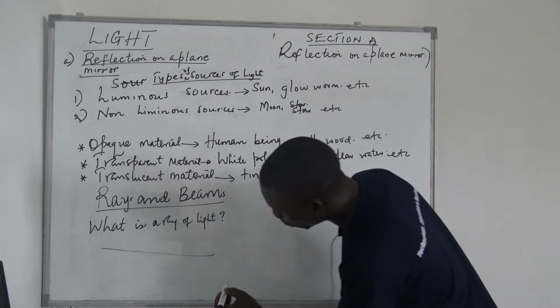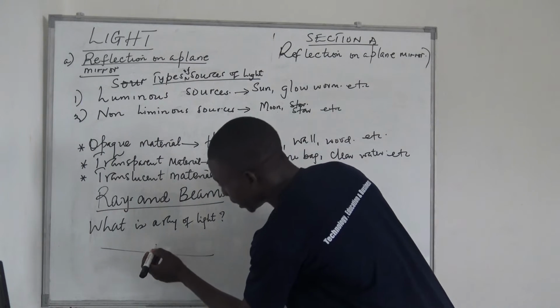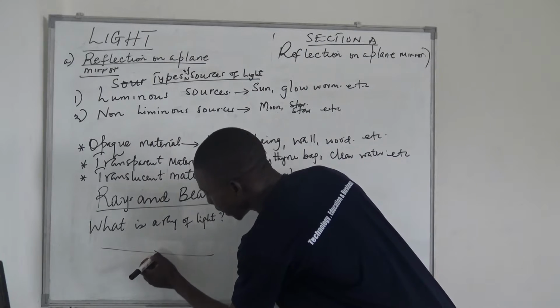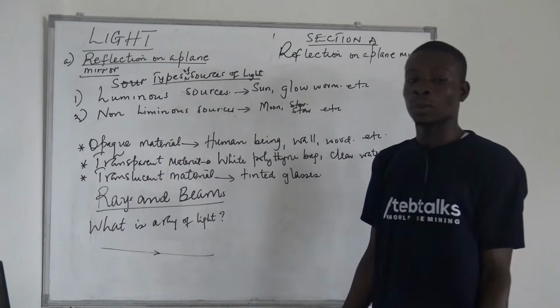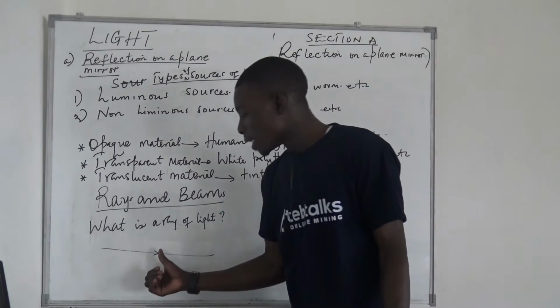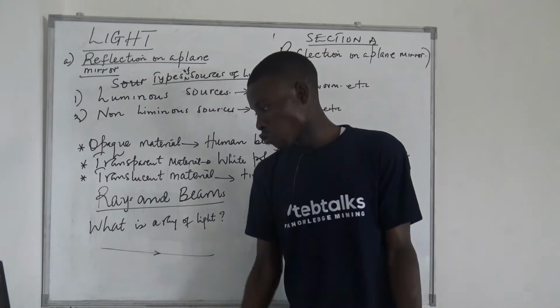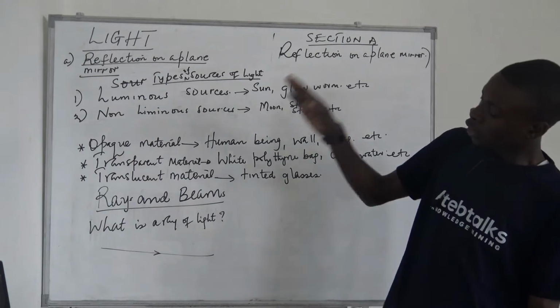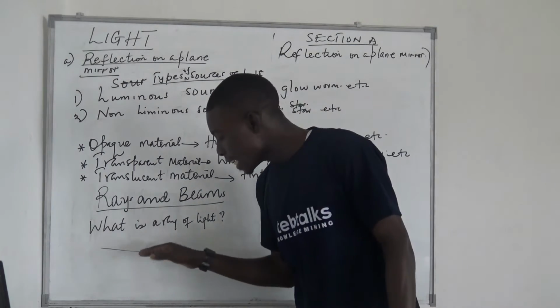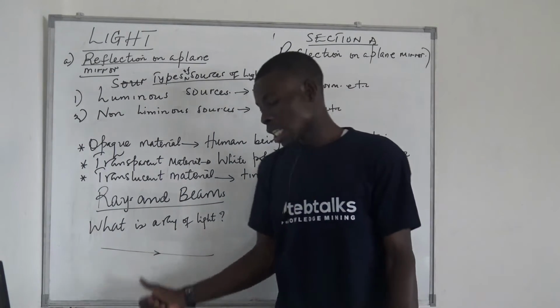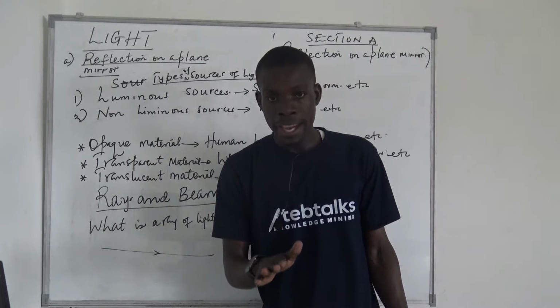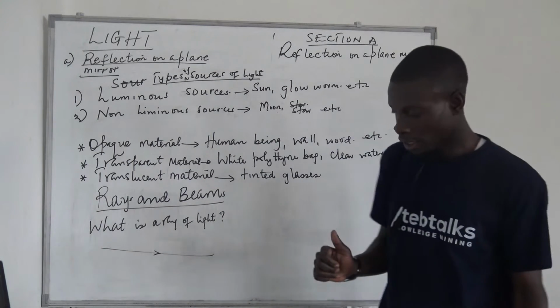Sorry, it may not look straight, but imagine that is a straight line. A ray is represented by a straight line with an arrow on it to represent the direction of travel. Should you draw any line and you don't put the arrow, that one does not qualify to be a ray.